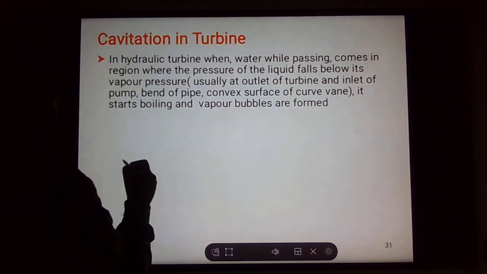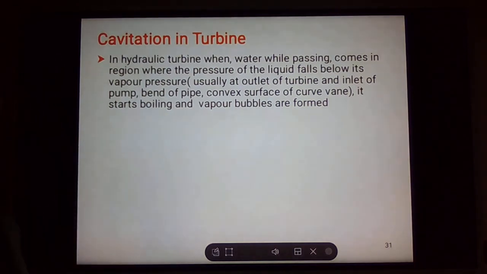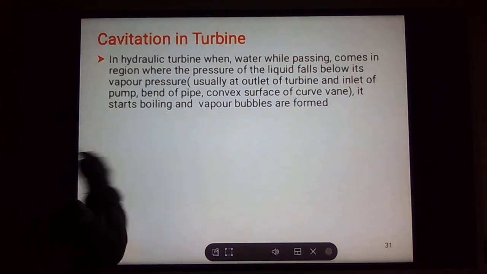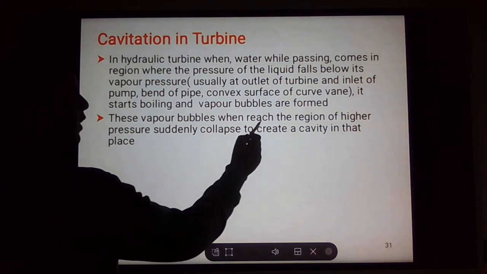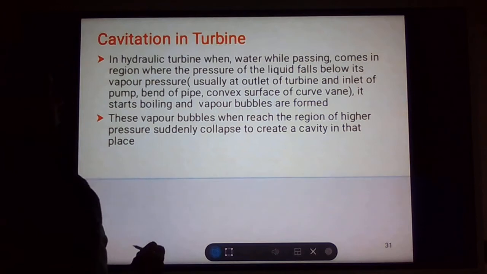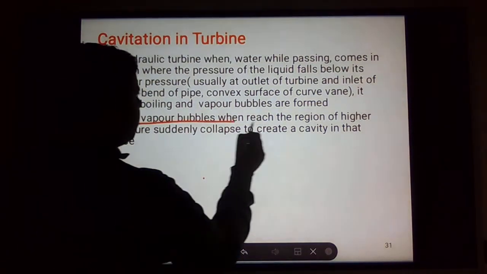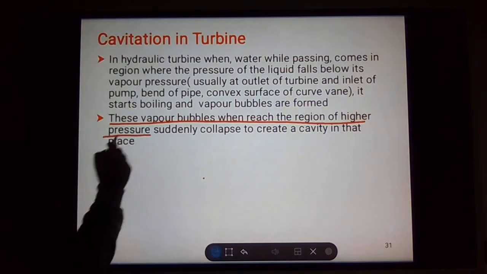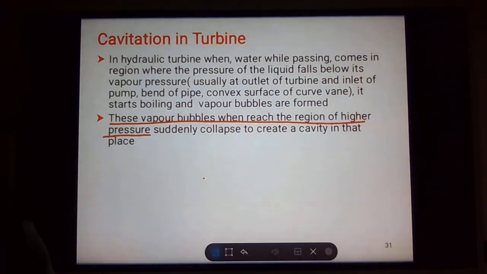So what happens when this occurs? These vapor bubbles flow along with the liquid.